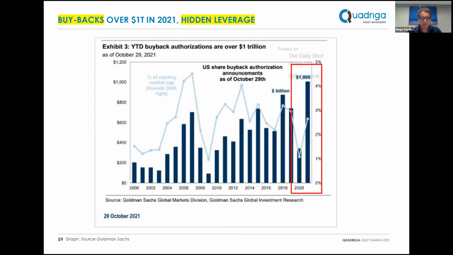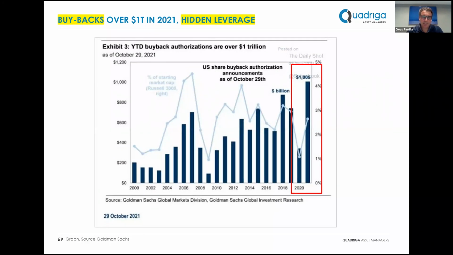When you look at all the drivers and we see these artificial low rates, etc., it's pretty much clear and obvious why buybacks have been so extended, and how companies have been using liquidity to take advantage of effectively artificially cheap credit.